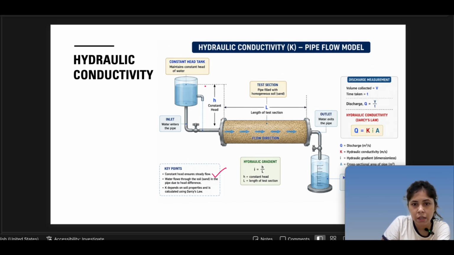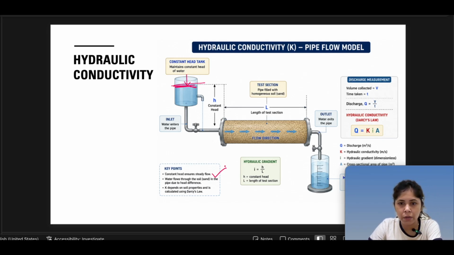That means if the water level becomes low, we need to fill it back to this point, because we have to have constant head. Water flows through the soil or sand in the pipe due to head difference, and there is a head difference, this is H.